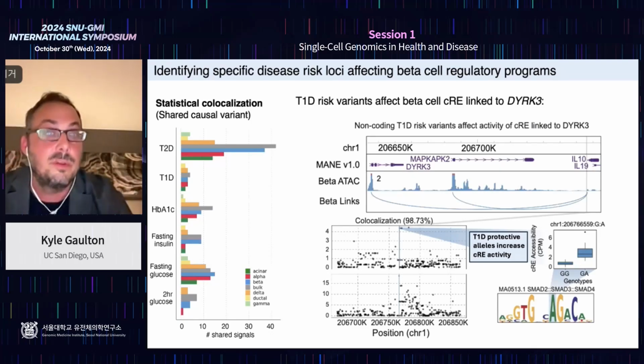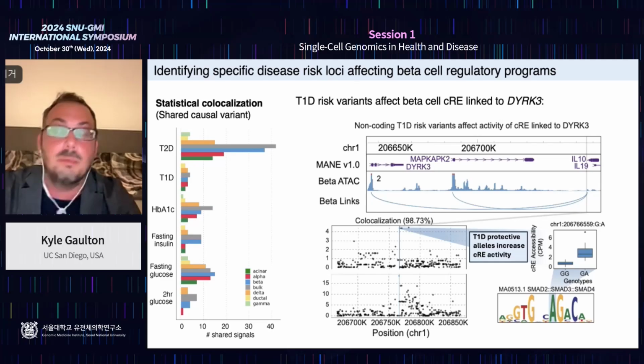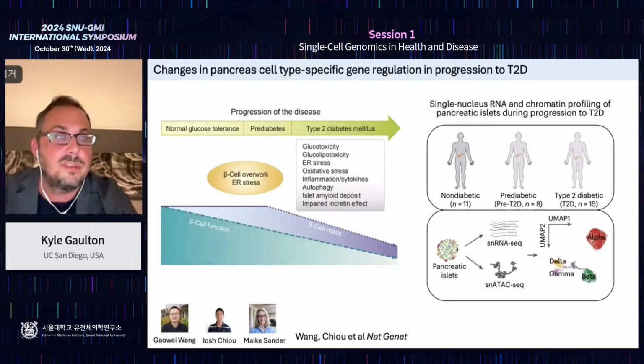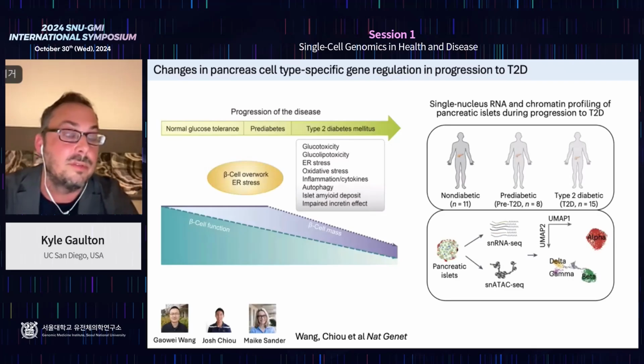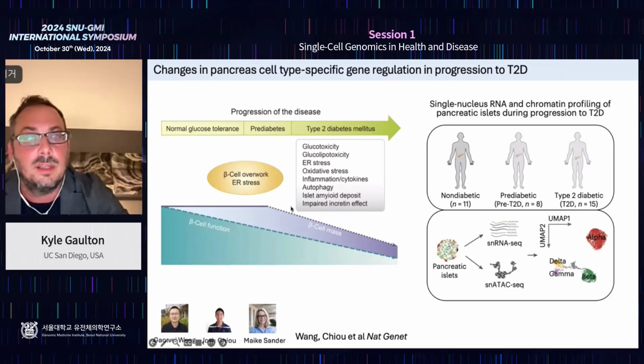And that may give us clues as to a mechanism for how these variants operate, and that this element and gene may be involved in risk of type 1 diabetes in beta cells. So that's changes in physiology. We find extensive changes in the non-disease state, although some of these then do tell you something about how physiology may contribute to diabetes.